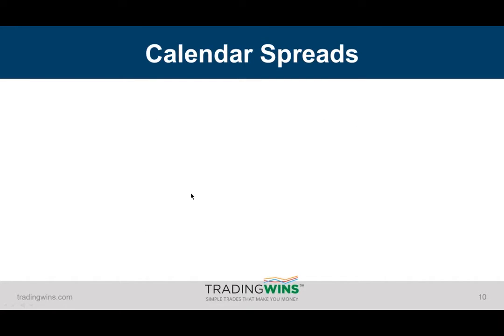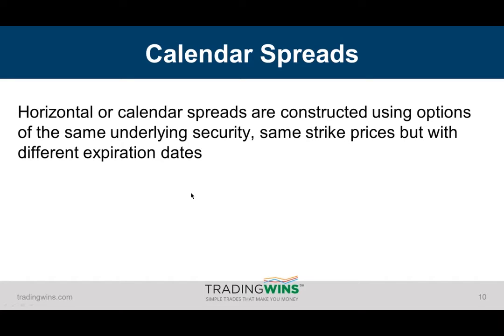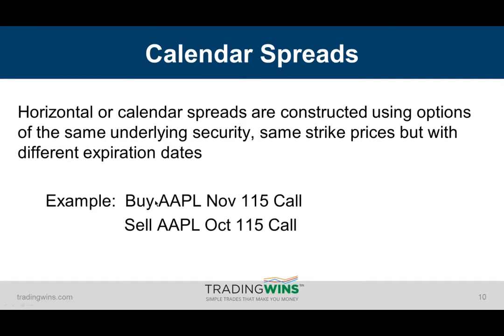And then, of course, there's calendar spreads, also known as horizontal spreads. And these are constructed using, once again, the same underlying, the same strike prices, with different expiration dates. So in other words, same underlying, different month, but same strike. So just like that diagonal, we're selling the near-term month, and we're buying the further out month, but we're doing it at the exact same strike, okay?